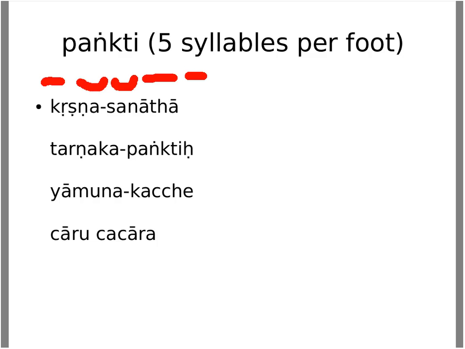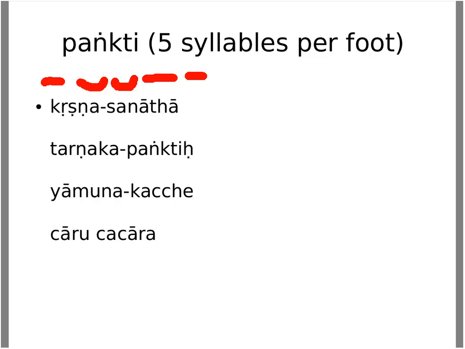This is an example given by Professor Vaman Shivaram Apte in his dictionary, and he has an excellent guide to Sanskrit prosody in the back. It is a verse from one of the great classical Sanskrit poets, I believe.